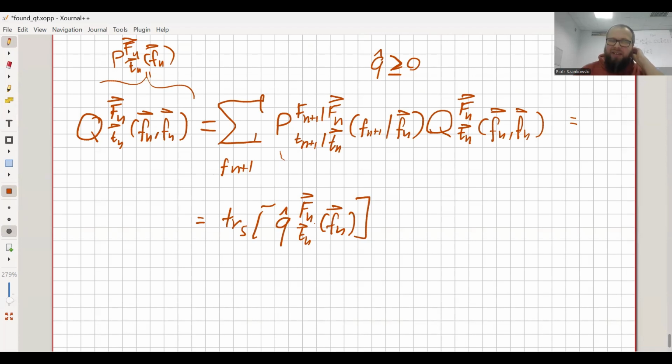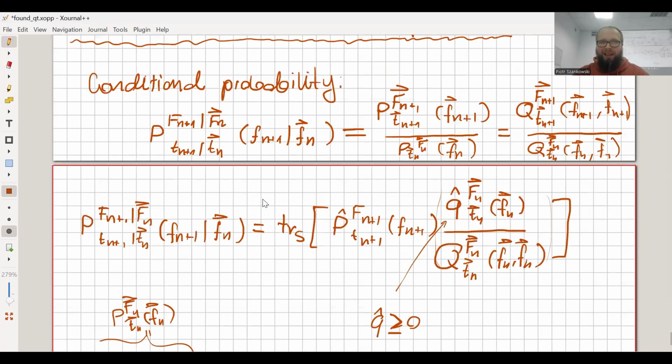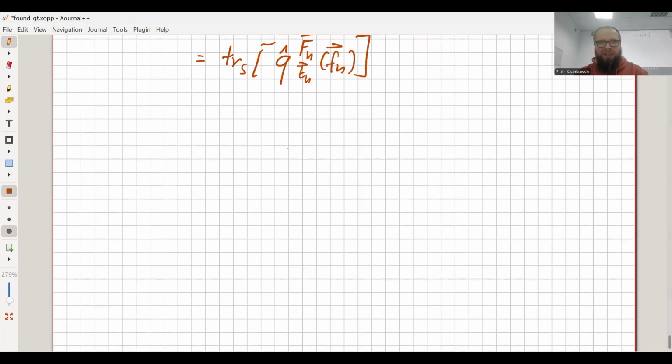That this pseudo-metric Q, which we introduced, the trace of it is actually what gives me the diagonal part of the bi-probability. All right. And now, knowing that this is the form of the diagonal part of the bi-probability, I can again do some reshuffling of the formulas we used so far, and we can get the following recursion.